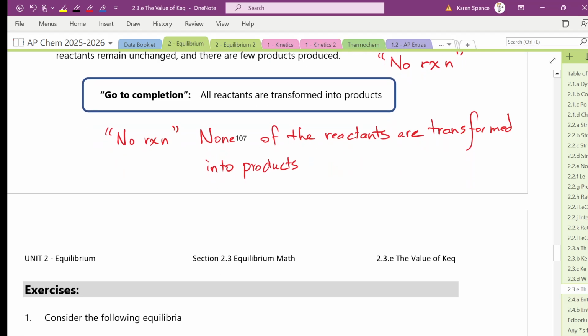And then we got some exercises, which I will let you do on your own time, because we are going to go and talk about entropy and enthalpy.